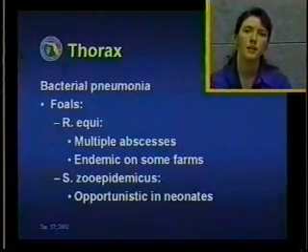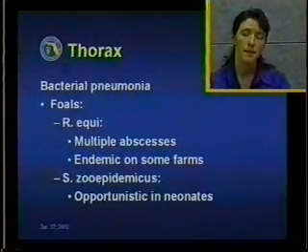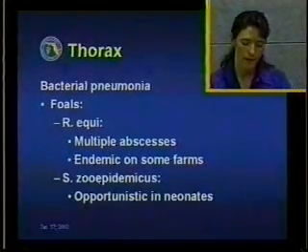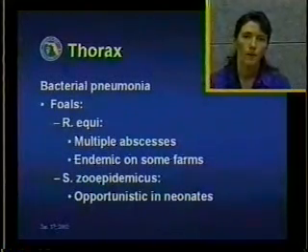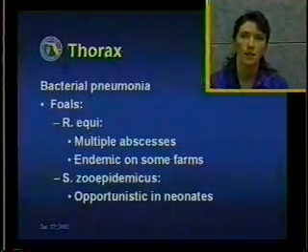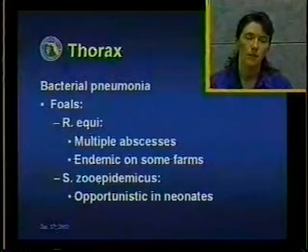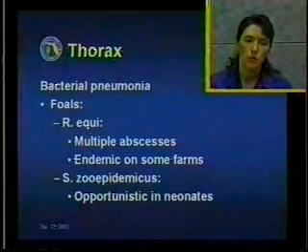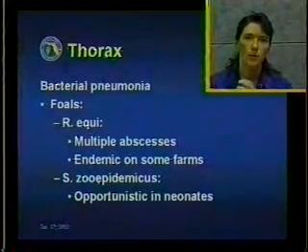And on some farms, you will see that this problem is endemic, and the presence of bacterium that carry the virulence factor. This is a factor that is actually carried on a plasmid within the bacterium. Rhodococcus equi is a very common organism in the soil everywhere.